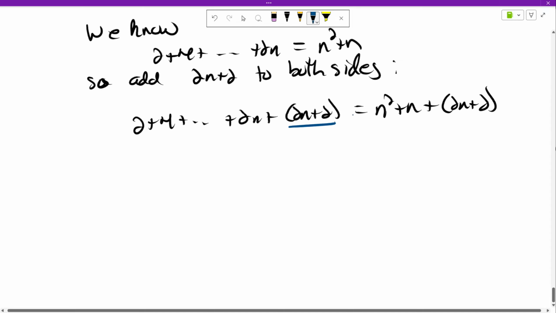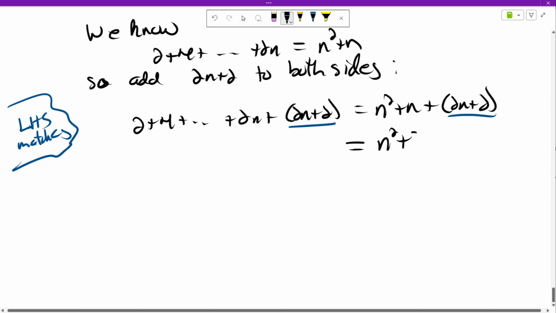Just putting parentheses to indicate the term we added. And then the left-hand side matches, so that's good. So let's just put over here, left-hand side matches. So we can stop working there. And on the right-hand side, when we compute this sum, we get n squared plus 3n plus 2. So now the right-hand side matches as well.